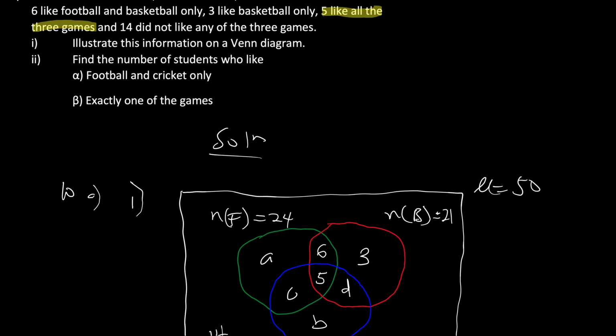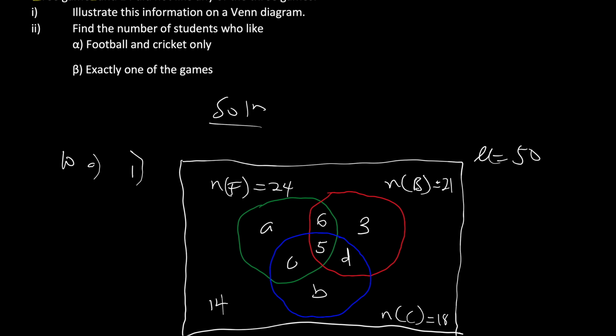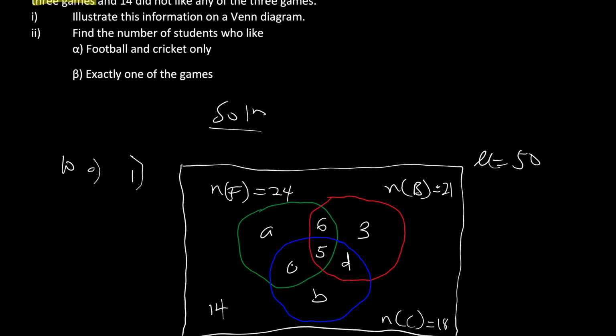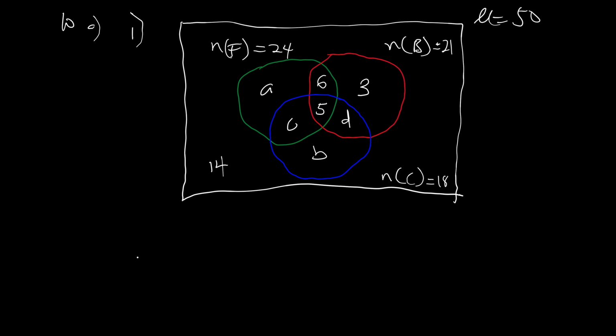So 10AII, we have to find the number of students who like football and cricket only. That will be C. First, let's find our unknowns. This red circle represents all students who like basketball, and we know that number is 21.